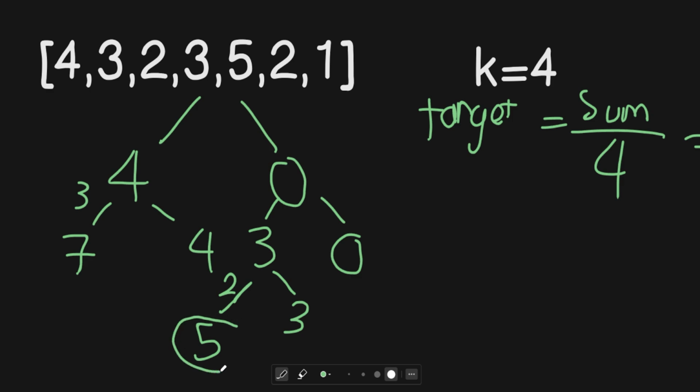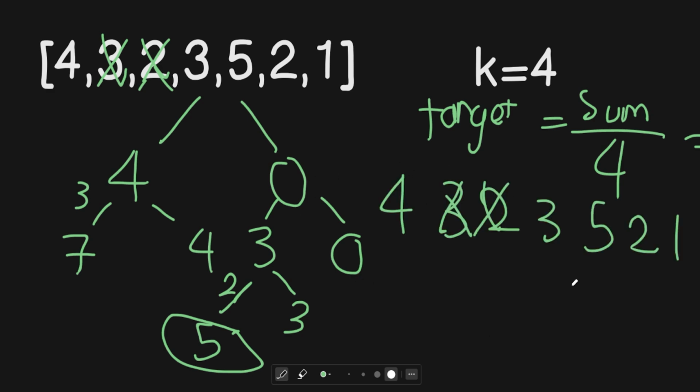All right, so when we have 5, we say, okay, we found it. Which ones create this? We have 3 right here and this 2. Since these 2 create the 5, we mark these 3 and 2 as already used, and whenever we have 5, we want to reset everything.